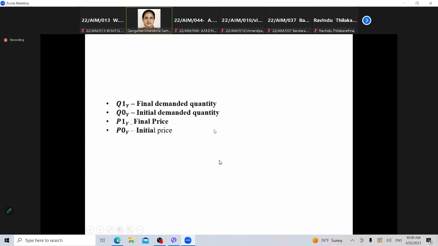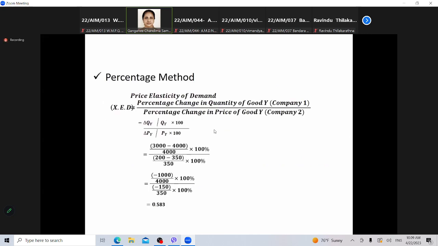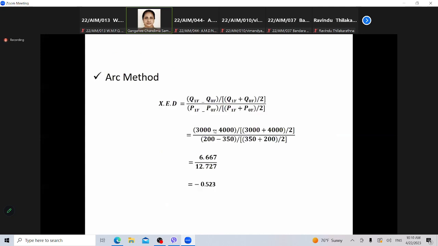So that's why calculation is very important during your practical session as well, practical experience. Here you can easily see the quantity changes for company 2, product Y, and the price change of company 1, same product.